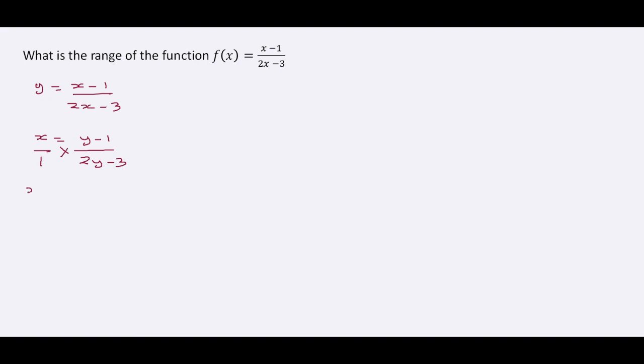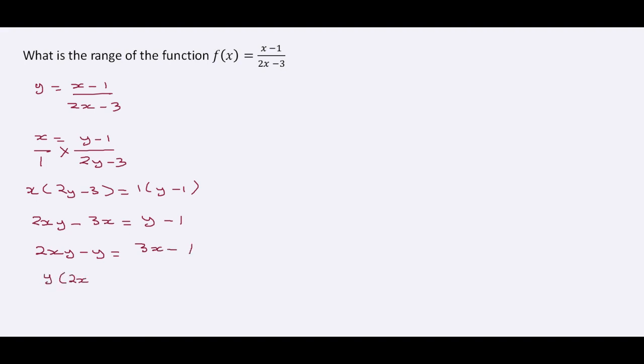So we have x multiplied by 2y minus 3 equal to y minus 1. 2xy minus 3x equal to y minus 1. So we have 2xy minus y equal to 3x minus 1. y times 2x minus 1 equal to 3x minus 1.